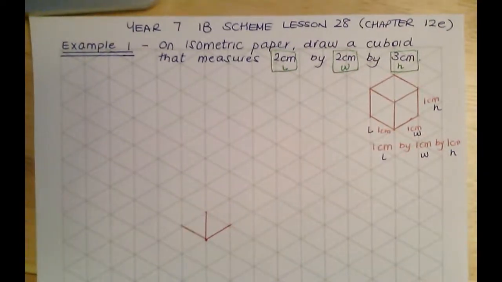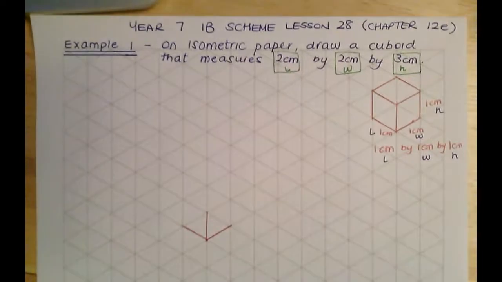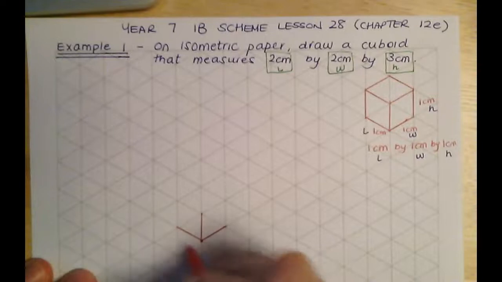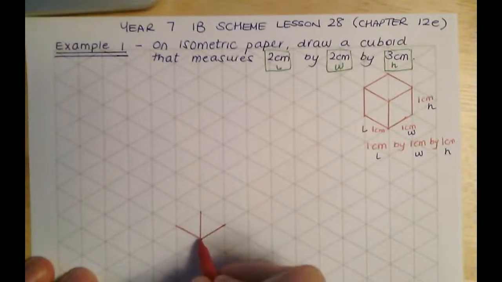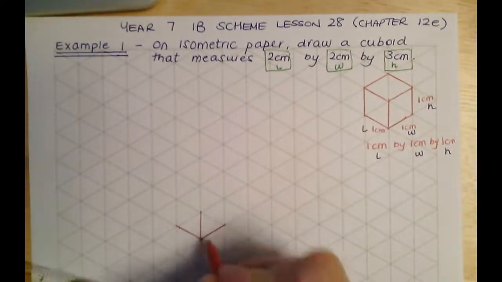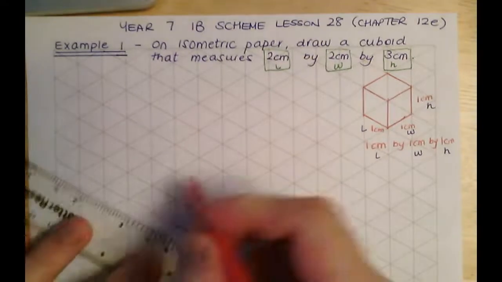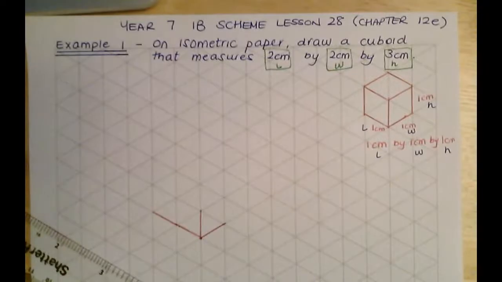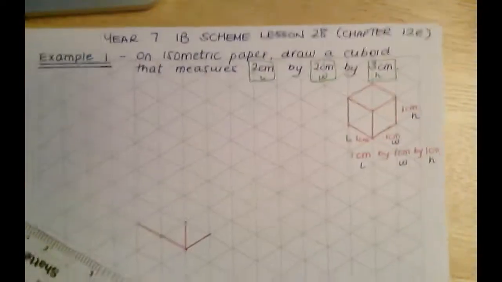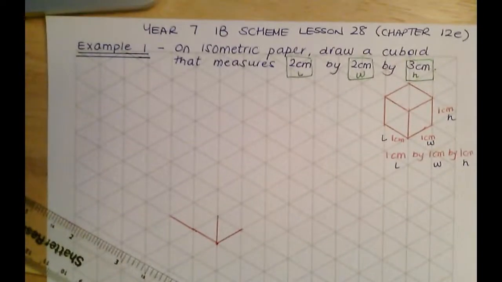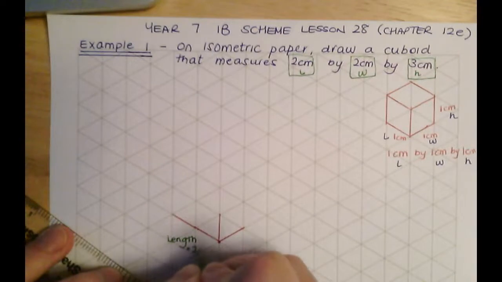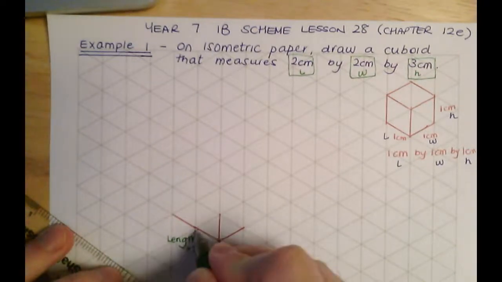Now my length is 2 centimetres, so that means I need to go this way 2 spaces. So that's one that I've drawn, so I need to draw another one. So my length is 2 centimetres. 1, 2.